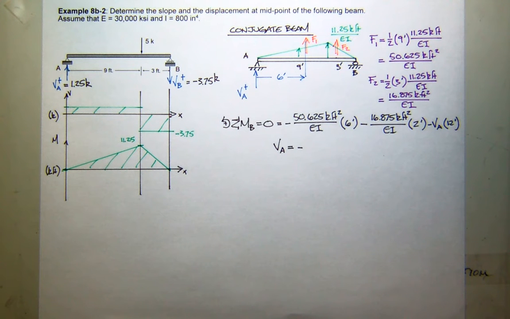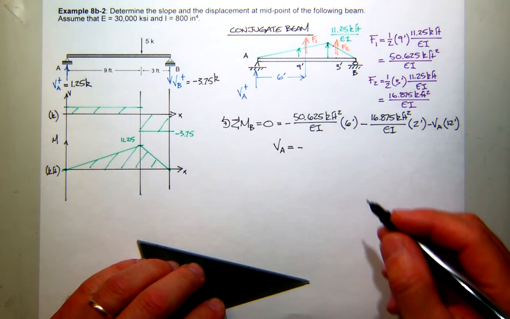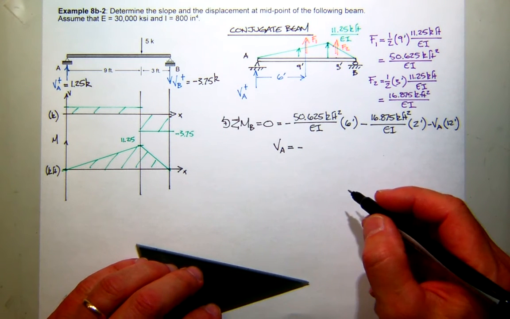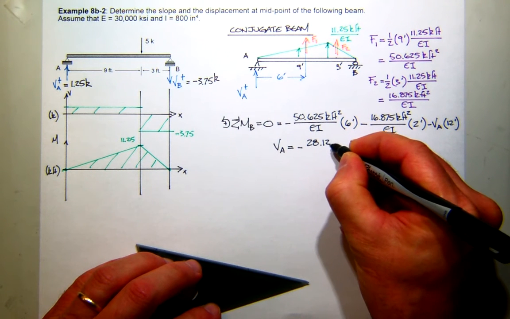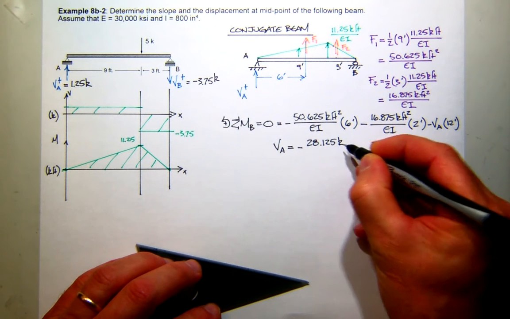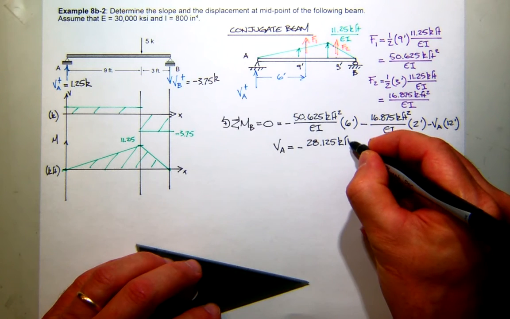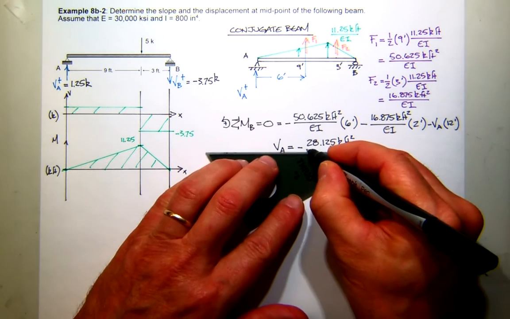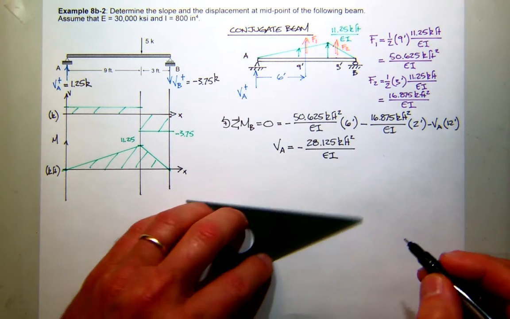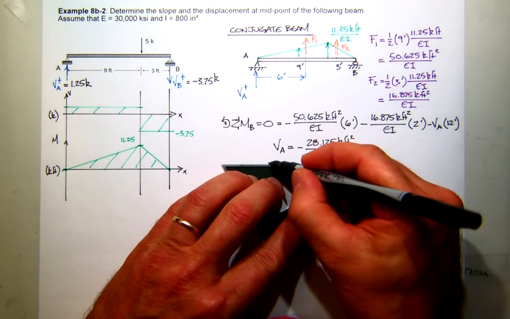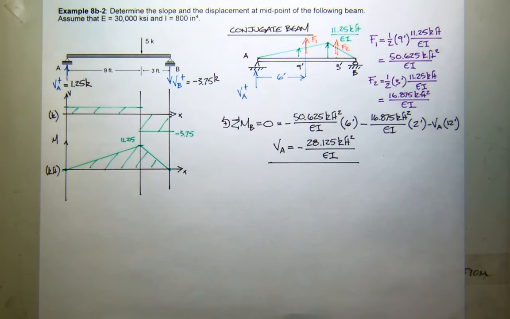You should be calculating. 28.125. Anybody else get that? Yeah, negative 28.125. That does not sound bad. I like that. So that should be kip feet squared divided by EI. Any questions about that?